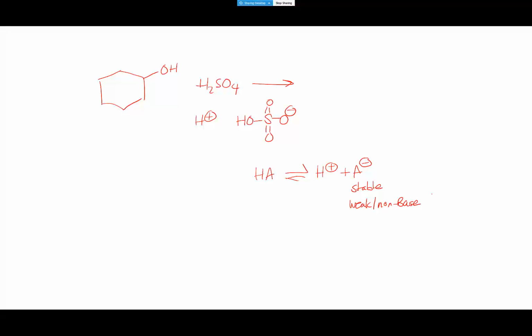And so if it's a weak base, or it's not even a base, then it's not going to be a very strong nucleophile. And in this case, not only do we have this being very stable and very weak, you could also make the argument that there's sterics involved here that are going to keep that from adding to the carbocation.